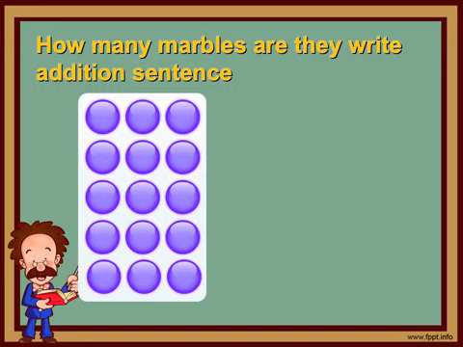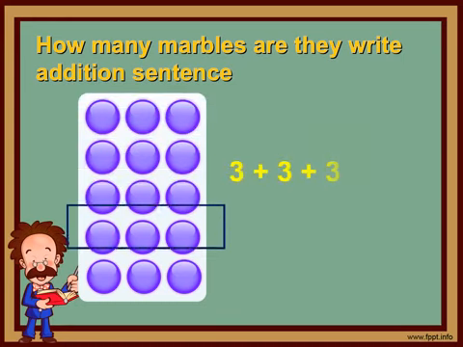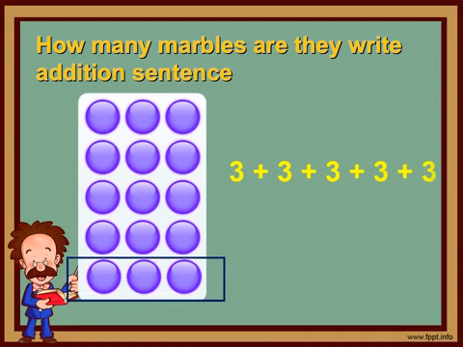Now, can you write an addition sentence for this one? Like we agreed, we're going to write it either by rows or by columns. So I'm going to start by rows. How many in each row? How many marbles? 3. So it's 3 plus 3 plus 3 plus 3 plus 3.